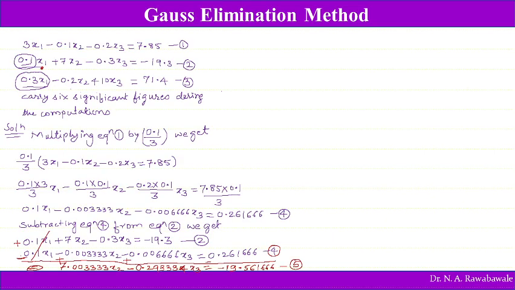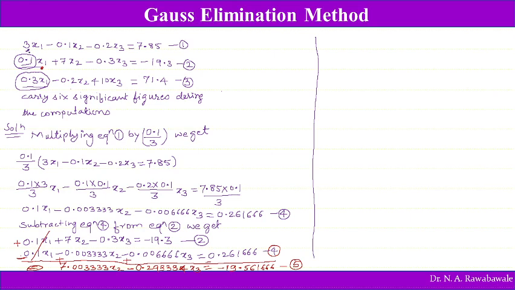Once again, multiplying equation number 1. Our aim is to bring the coefficient of equation number 1, which is 3, to 0.3.